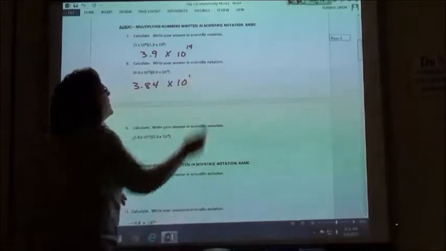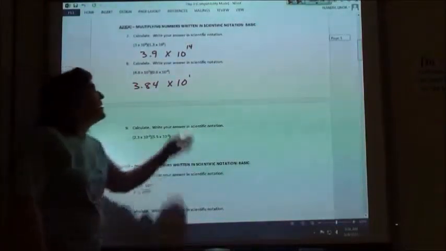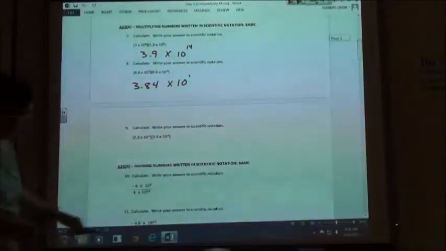Now normally you wouldn't put 10 to the first power, you just put times 10. On the ALEKS program, sometimes it's a little goofy and it wants the exponent there, so stick it in there. Normally I would just put 3.84 times 10, but since they're doing scientific notation, I guess they want that there.